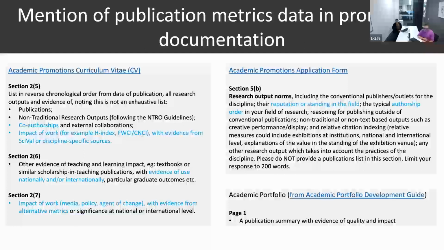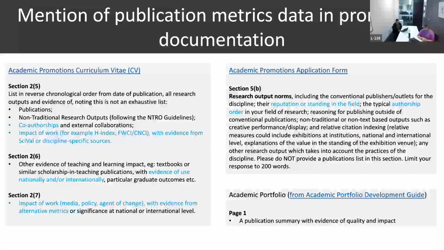So this slide outlines the publications metrics information that's needed for an academic promotion. Candidates are required to produce a portfolio that outlines activities and achievements in each of the three areas of teaching and learning, research and innovation, including the scholarship of teaching, and engagement.